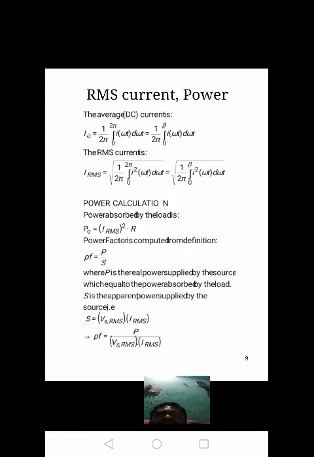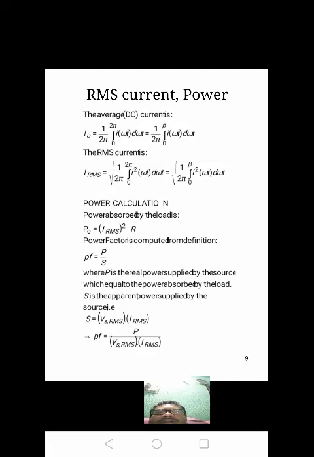RMS current and power. The average DC current is I naught is equal to 1 by 2 pi integral over 0 to 2 pi of I of omega t d omega t, that is equal to 1 by 2 pi integral over 0 to beta of I of omega t d omega t.